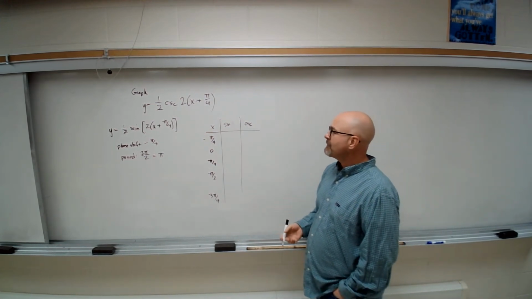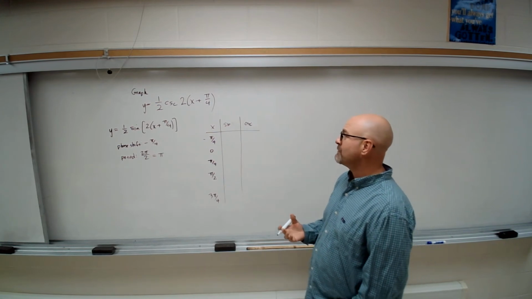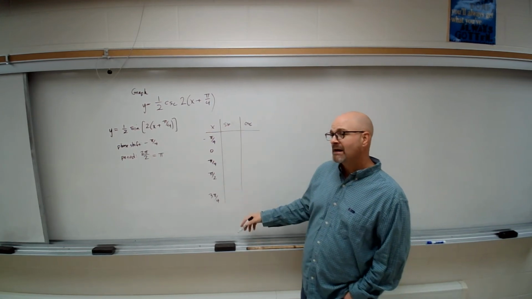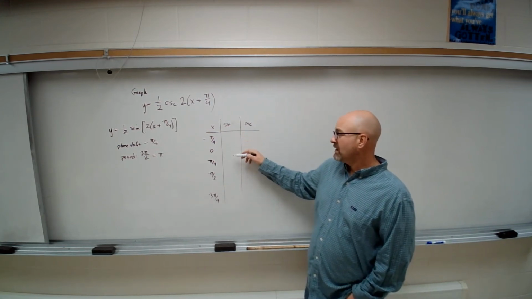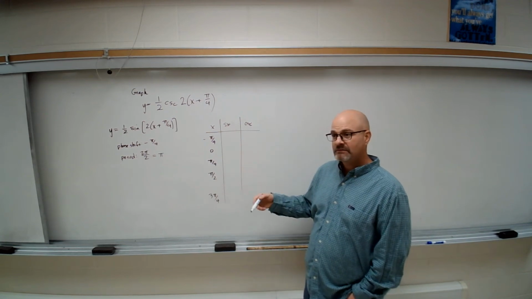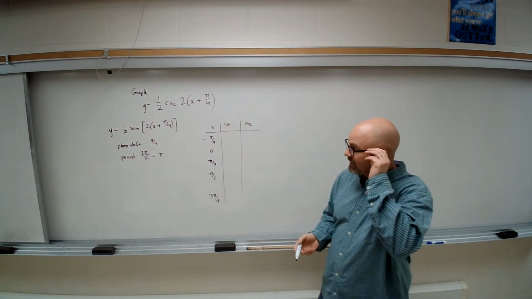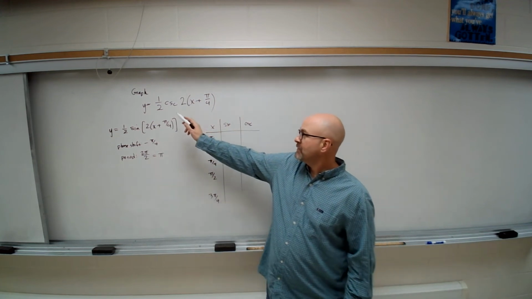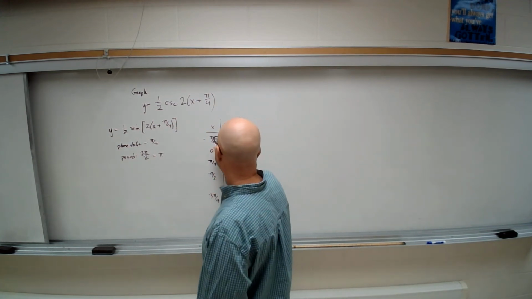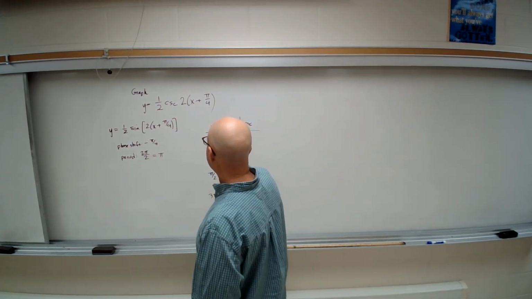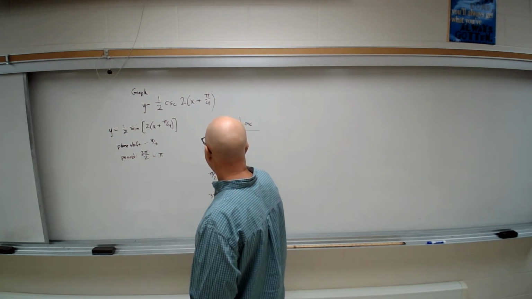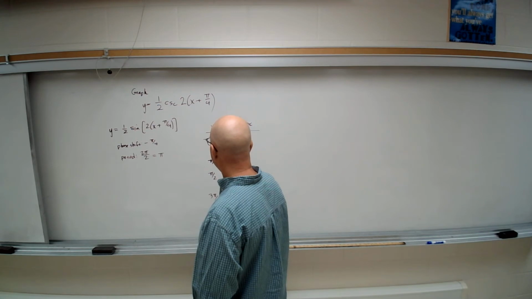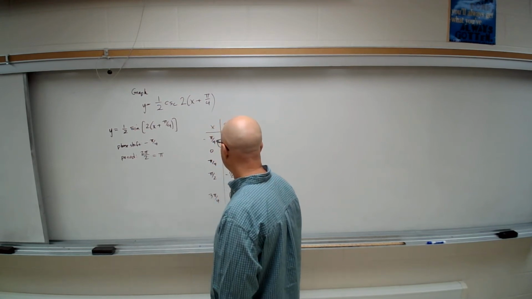Now, to graph this sine function, hopefully by now you realize that if you build your table correctly, it's always 0, 1, 0, negative 1, 0. Right? I know that a lot of you have seen that. And then the amplitude is 1/2, so this is going to be 0, 1/2, 0, negative 1/2, 0. Okay.